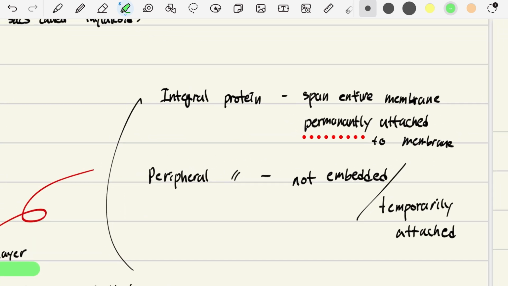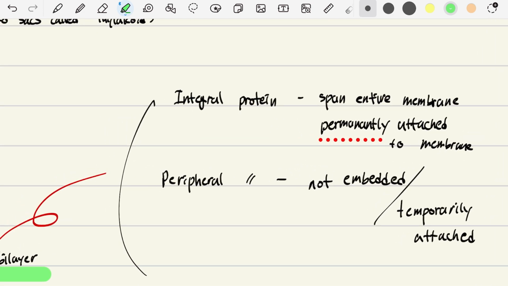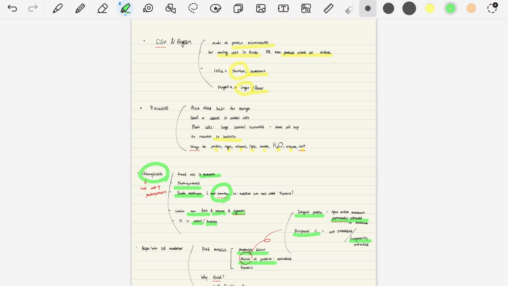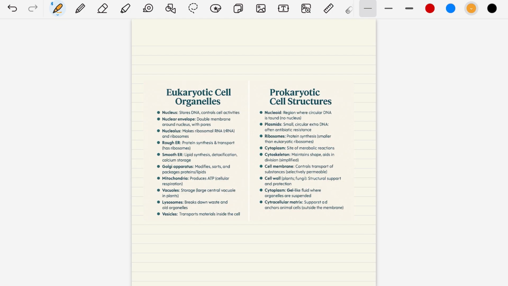And for the mosaic of proteins, there are integral proteins and peripheral proteins. Integral proteins are permanently attached to the membrane, and peripheral proteins are not embedded and are temporarily attached. You don't need to know really deep about this, but it is really good to know because sometimes they just give you a small sentence in MCQ.